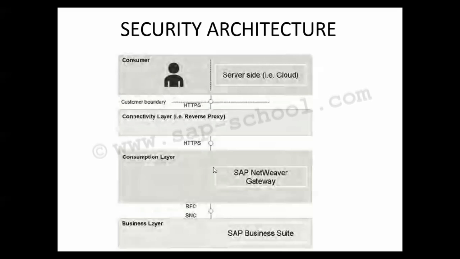After that, the gateway's responsibilities are to support OData, authentication, and the protection of business functions from potential externally originated attacks. Then the gateway translates the OData request into the corresponding RFC. Here we can see that our gateway is translating the OData request into the RFC.